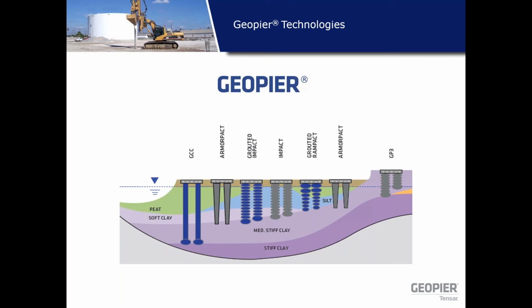GP3 is on the right hand side, and then you have the center one, Impact. We have rigid inclusions, which can go to deeper depth and transfer all the load to the firm strata. We have armor pack systems. Today we're going to discuss a few systems which are mostly used on the ground improvement side of the tank industry.